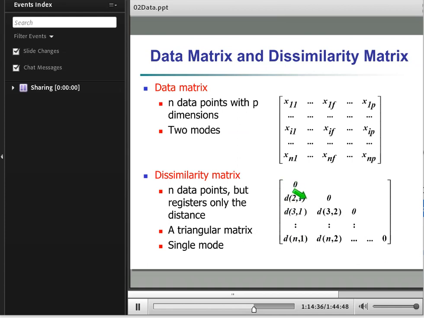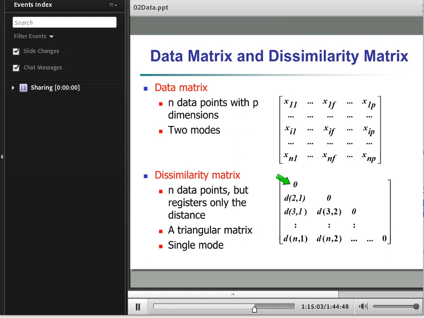Okay. So most of the time we talk about the dissimilarity matrix. Here, you can see the dissimilarity matrix is a triangular bottom matrix like this. Why? Because it's reflected in the top side.